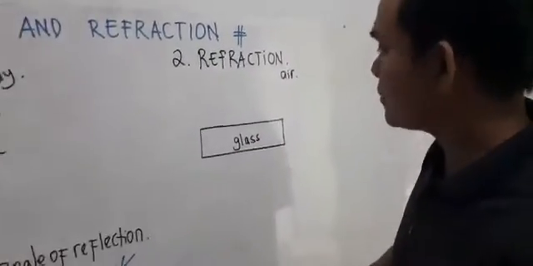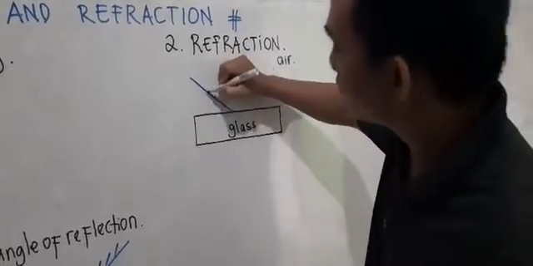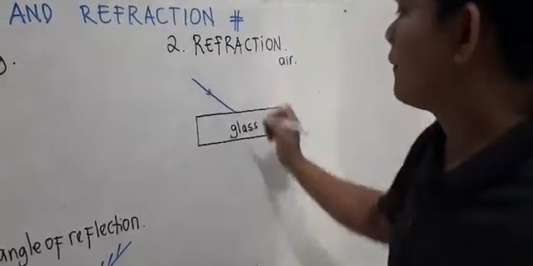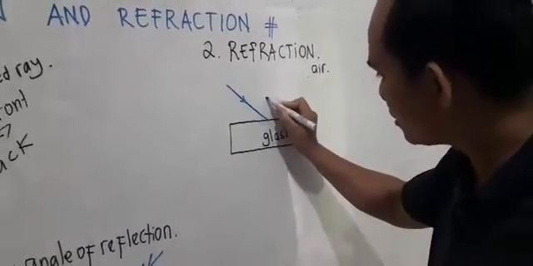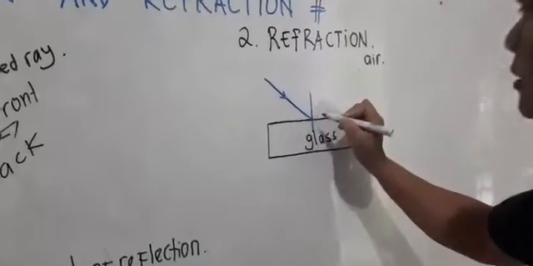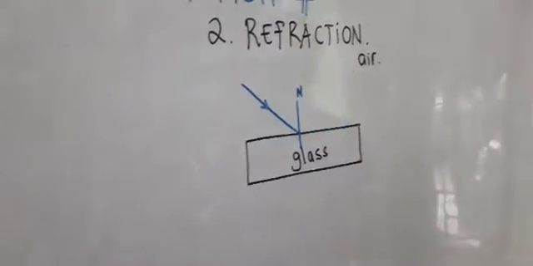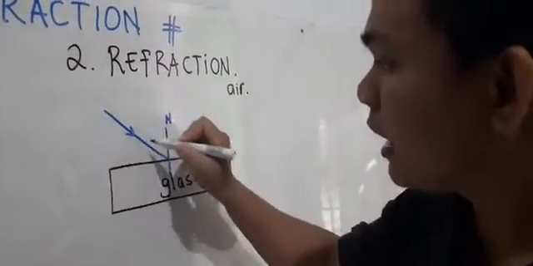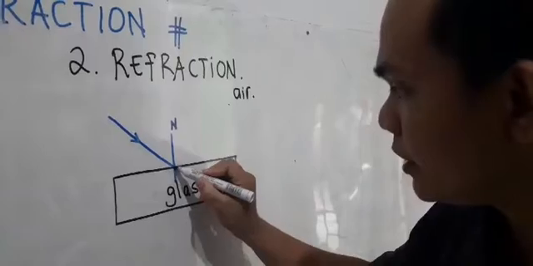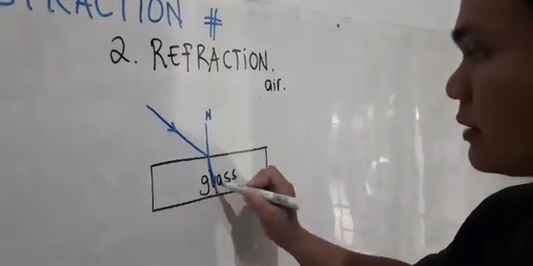So when the light comes to the glass, the surface is this, so we make the perpendicular line to the surface, which is indicated with the normal line, and then the light that comes to the glass is bent in this way inside the glass.